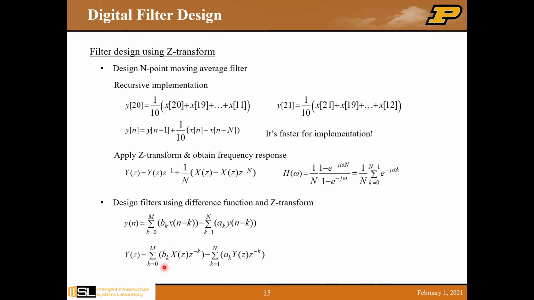And then we apply the Z transform to change from the time domain to the Z domain. Then we obtain the transfer function in the Z domain, and replace Z with e^(j omega). Eventually we can obtain the transfer function in the frequency domain.